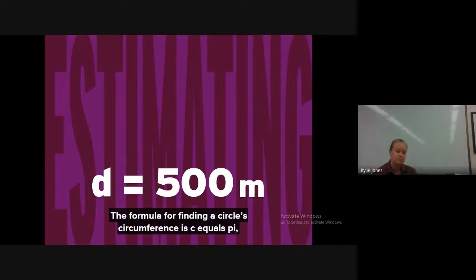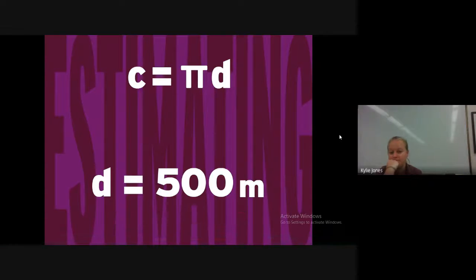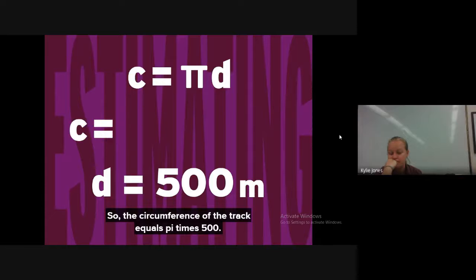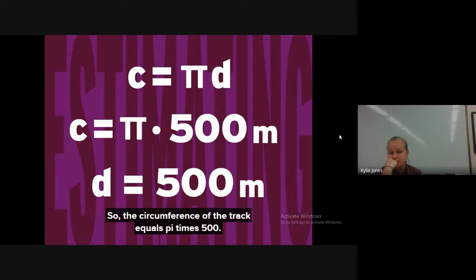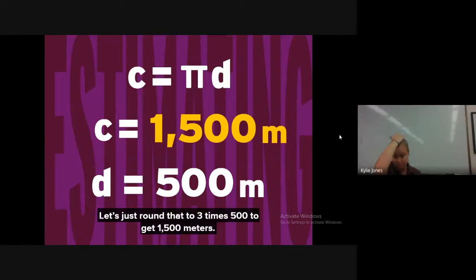The formula for finding a circle's circumference is c equals pi, or about 3.14, times the circle's diameter. So the circumference of the track equals pi times 500. Let's just round that to 3 times 500 to get 1,500 meters.